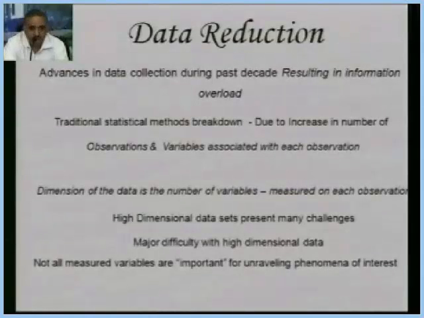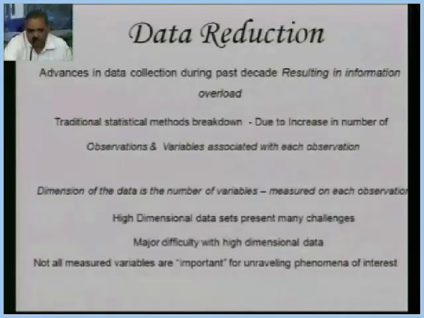Just to put a point in perspective, the dimension of the data is the number of variables that are measured on each observation. These high dimensional hyperspectral data sets present many challenges, and the major difficulty is that not all the measured variables are important for unraveling the phenomena of interest.